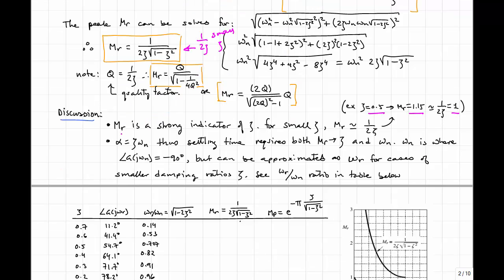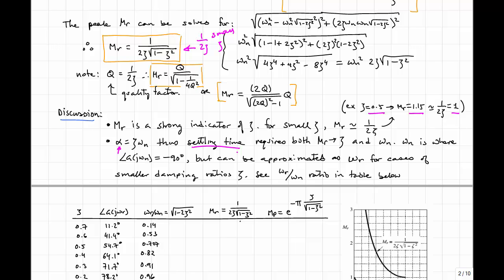Secondly, the attenuation factor alpha, which is equal to zeta times omega n, is obviously related to the settling time, and so the settling time requires knowledge of Mr, which gives us zeta, and omega n.